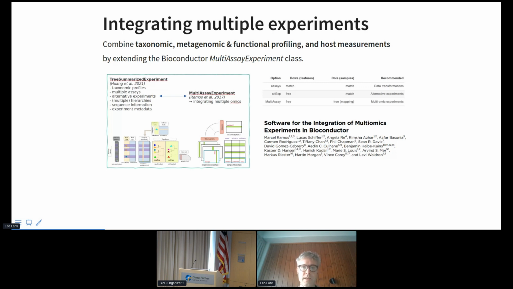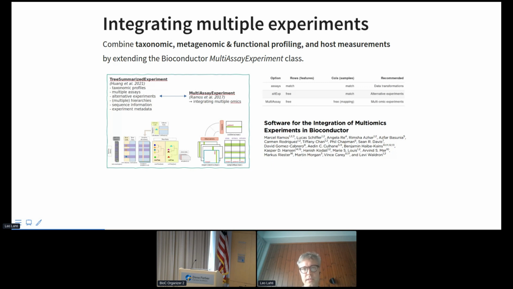And there is now a steadily increasing need to integrate the taxonomic profiling datasets with other omics datasets, including, for instance, transcriptomics, metabolomics, other functional measurements, or host omics, which then, of course, have different other complementary classes in Bioconductor. So we usually use the TreeSummarizedExperiment object for the individual omics, or we can use other classes from Bioconductor for the individual omics.